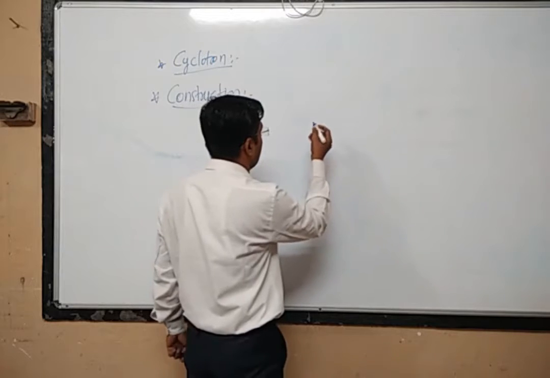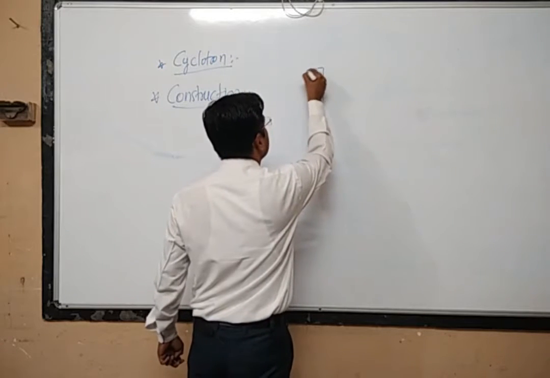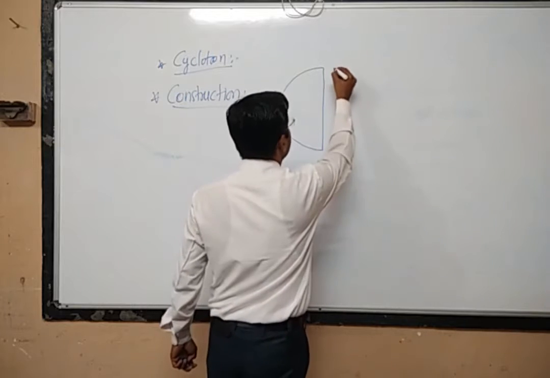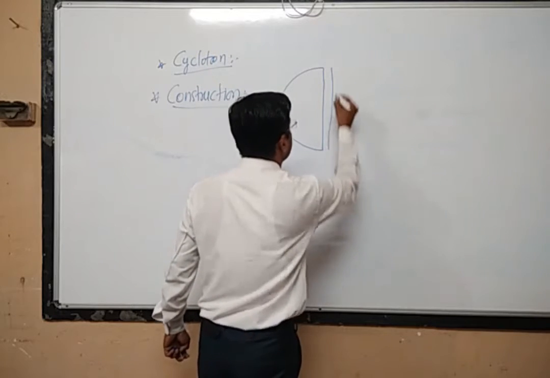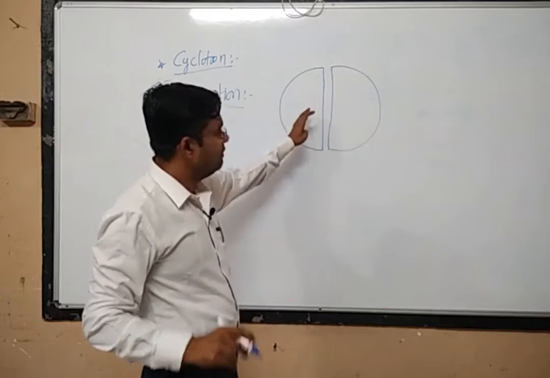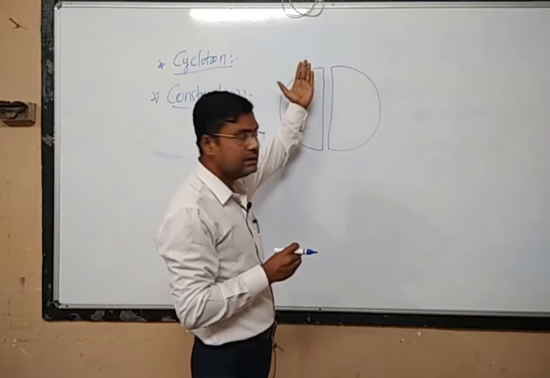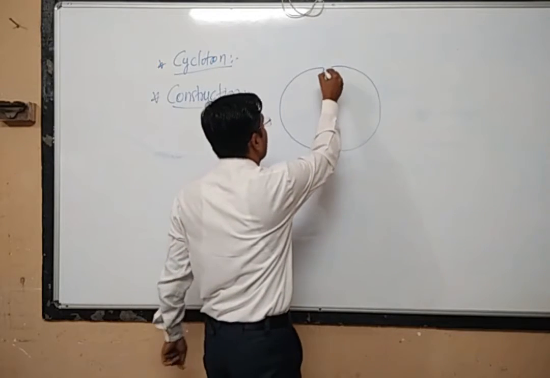It consists of two hollow Ds. The two hollow Ds will look like this. This is one D and this is another D. It has D type structures. Remember that it will have some thickness.